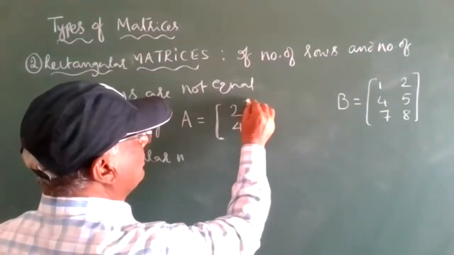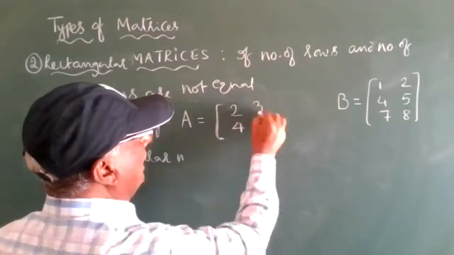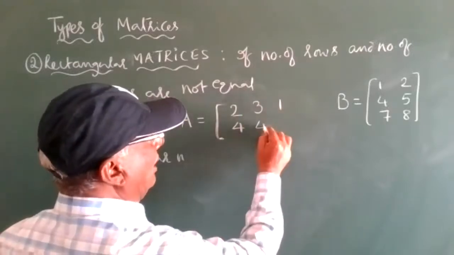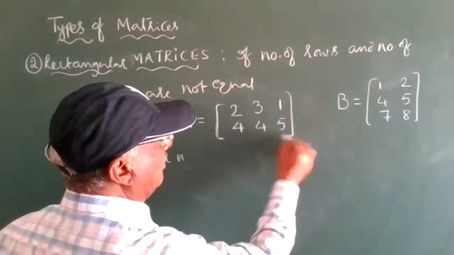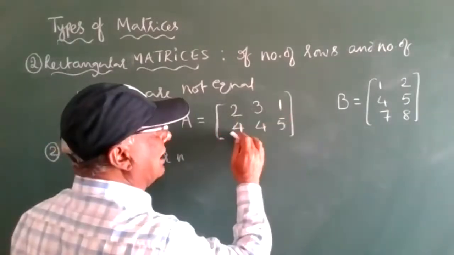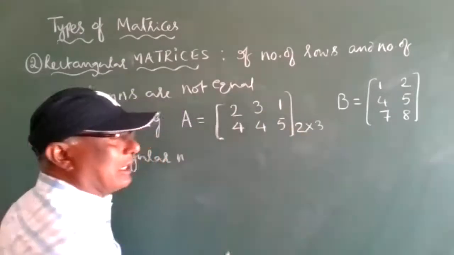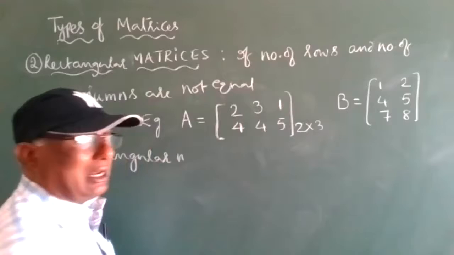Here is the example I will write: 2, 3, 1, 4, 5, 6. You can see there are 2 horizontal lines, rows, and 3 vertical lines, columns. The number of rows and the number of columns are not equal.